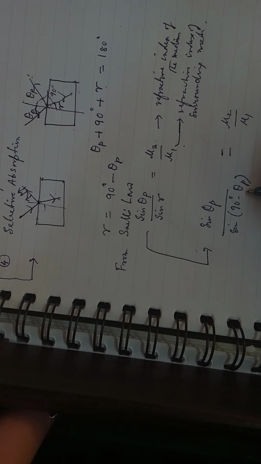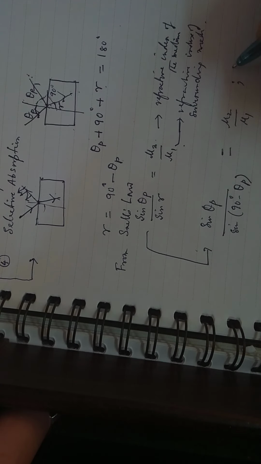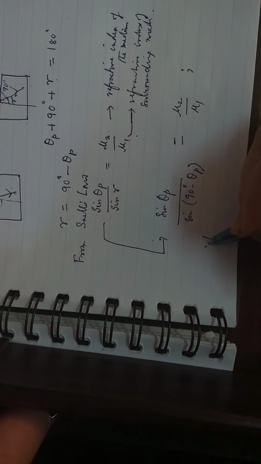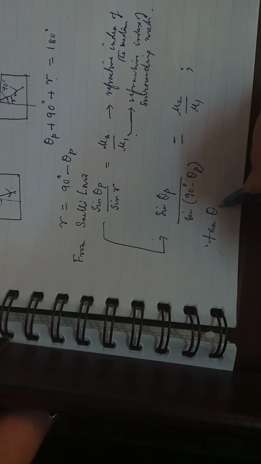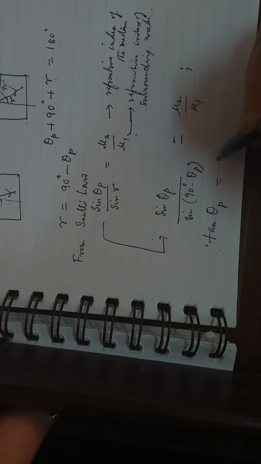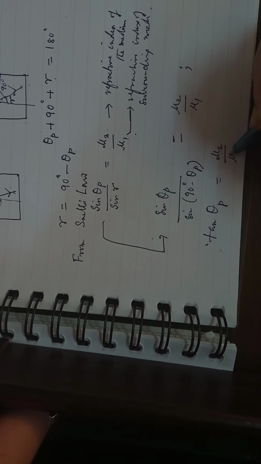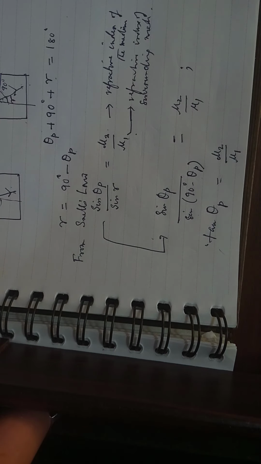So this is cos theta p. So what you get over here is tan of theta p is equal to mu2 by mu1. Tan of theta p is equal to mu2 by mu1.